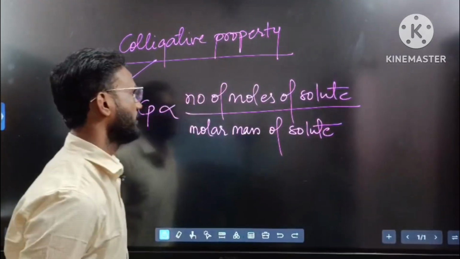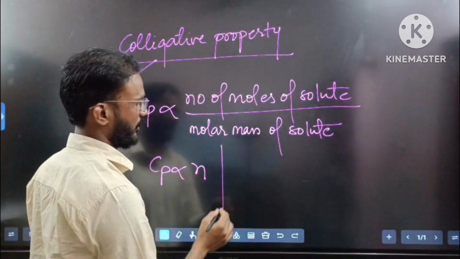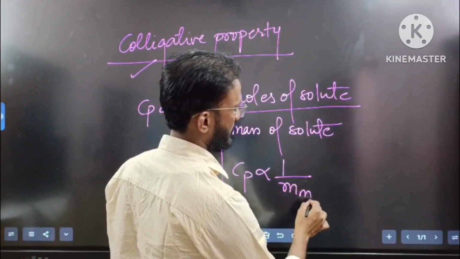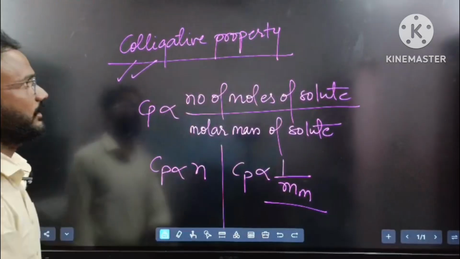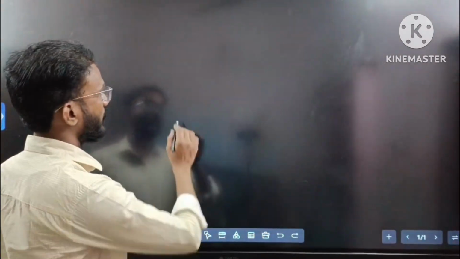Those properties are known as colligative properties. This property has four types.